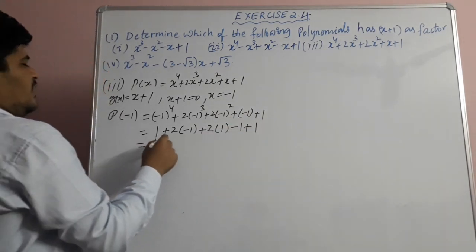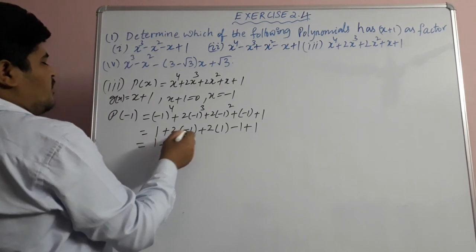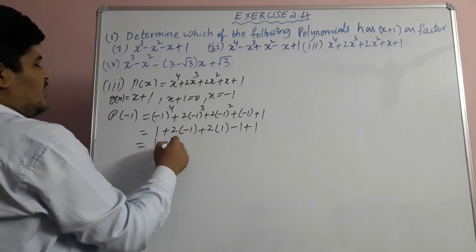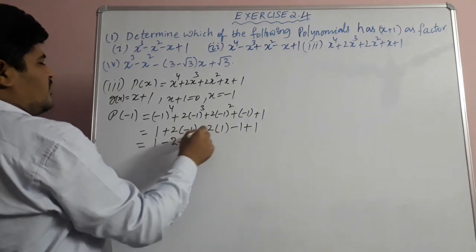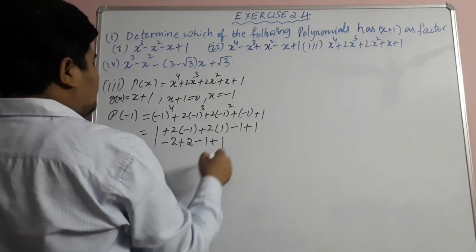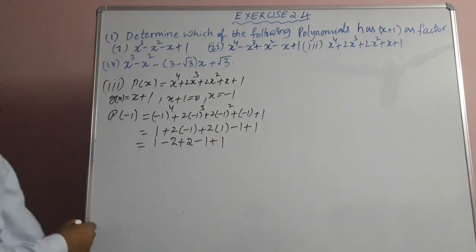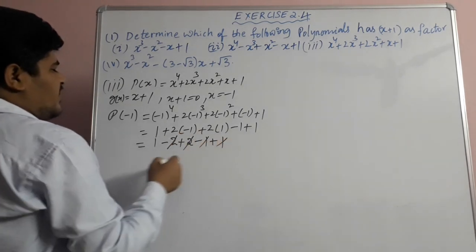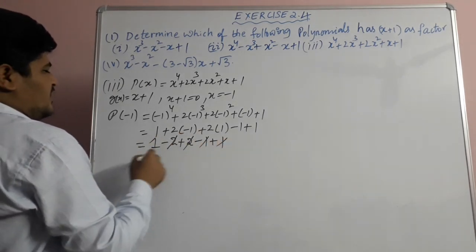So now children, see, 1 plus 2 into minus 1 is minus 2. Plus into minus is minus, so overall it's minus 2. So plus 2 ones are 2, it's plus 2. So minus 1 again plus 1. So children, if you see, minus 2 plus 2 cancel, plus 1 minus 1 cancel, but 1 is left, children.